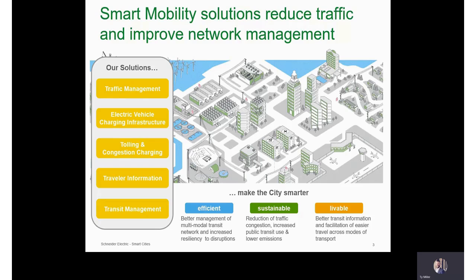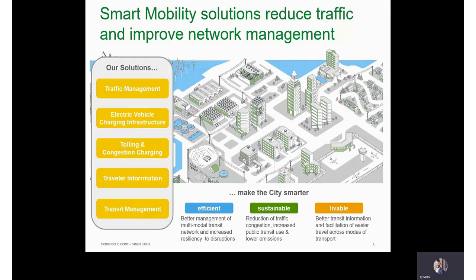But where things are going in the very near future, and already there, we're already doing a project in Dallas, Texas, where there are sensors throughout the city that are constantly monitoring traffic patterns. Between the sensors and cameras, the traffic lights will change based on the very direct needs of each individual intersection, and also be able to forecast what's coming in the next 1, 5, 10 minutes down the road.